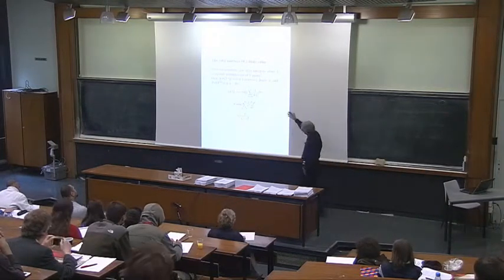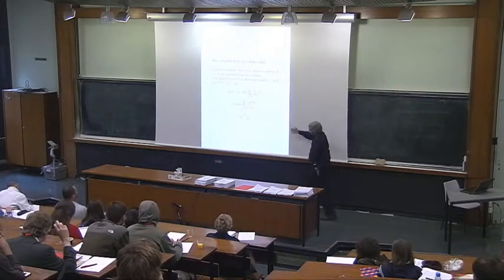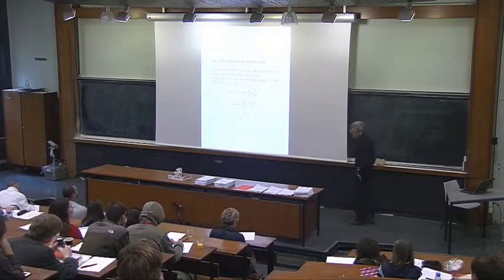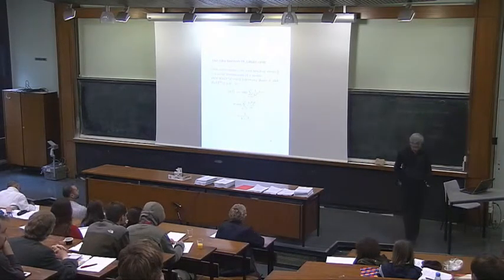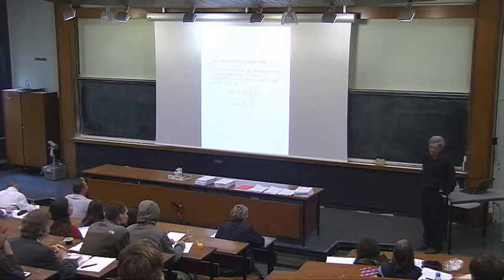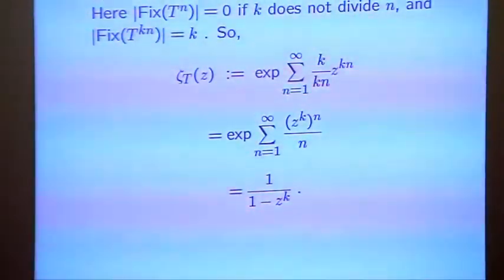And of course we can cancel k. This series is the exponential of the sum of z to the k to the n over n. We see that's the same series we had before, but with z to the k in place of z. So this is 1 over 1 minus z to the k. Okay, so that's the case of a finite orbit.